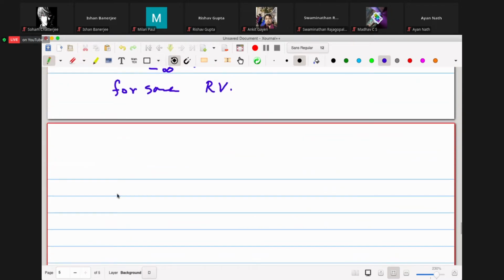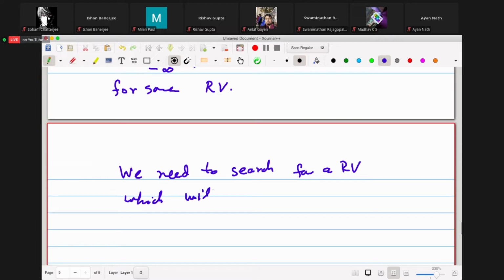We need to search for a random variable which will have characteristic function sin at sin bt by t squared times some constant, maybe, but at least related to this.